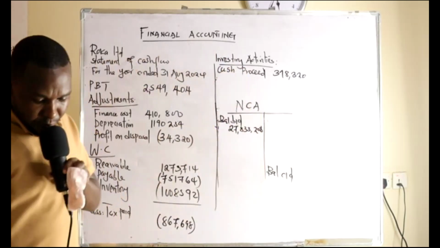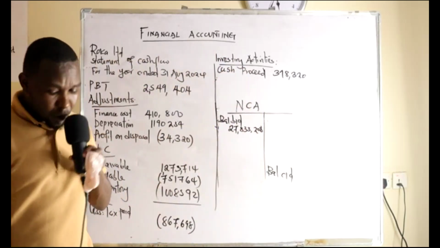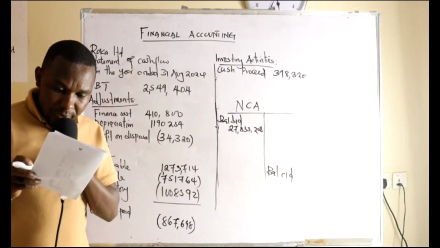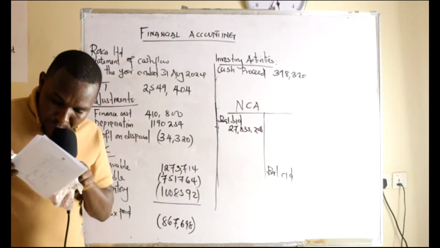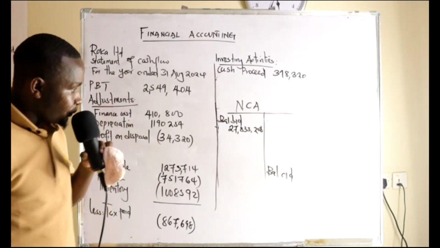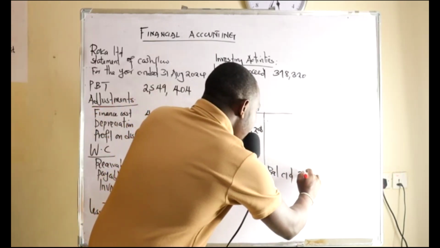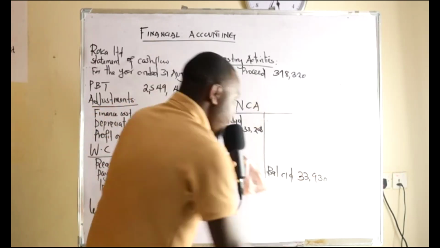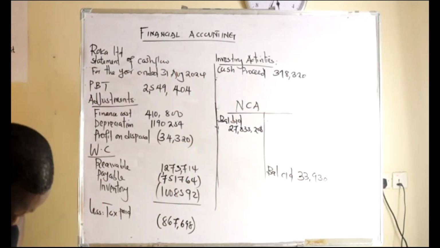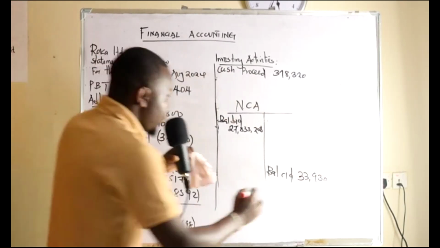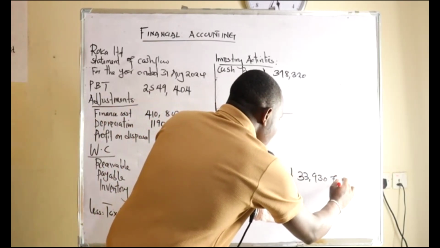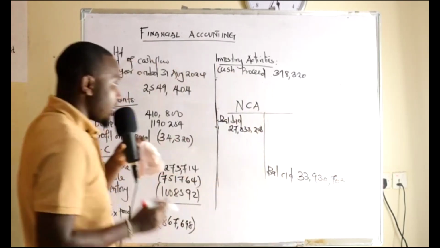And then what about the balance carried forward? Those are the costs, so don't confuse yourself. And that we have 33,930,702. And then this is the cost.